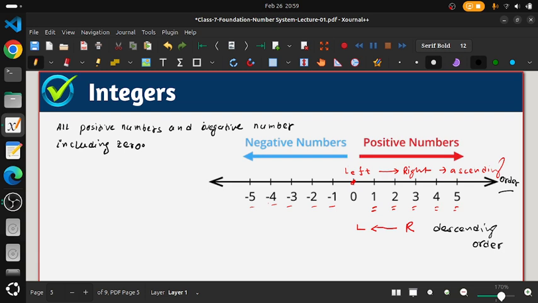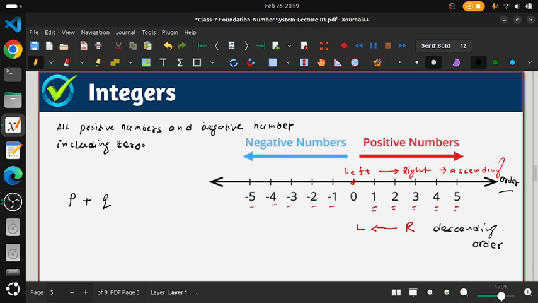So integers include all the positive numbers, all the negative numbers along with the 0. Now what will happen if I add a positive number with a positive number? Suppose P is a positive number and Q is also a positive number.